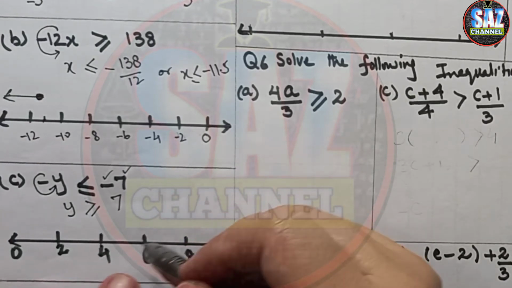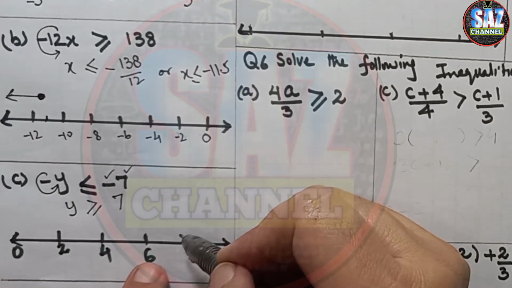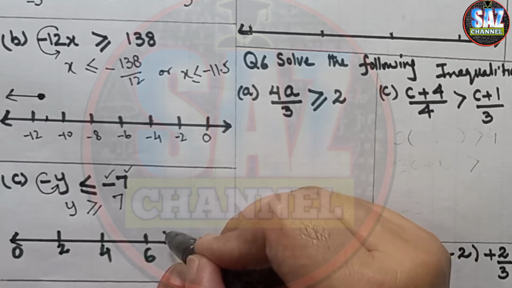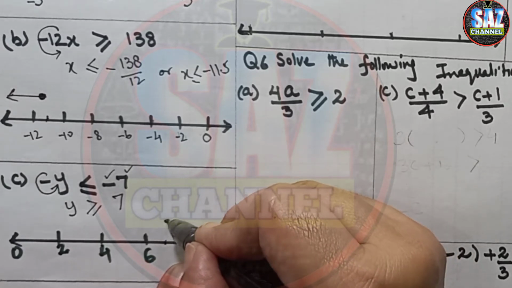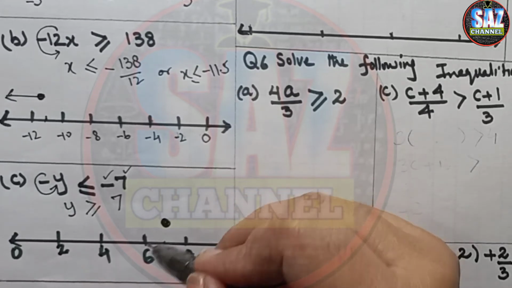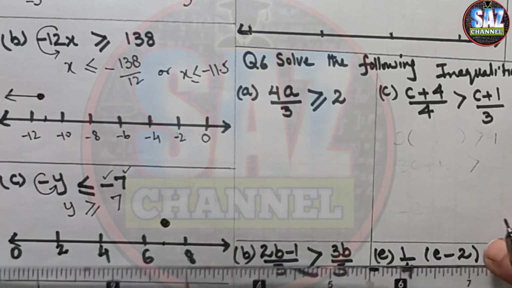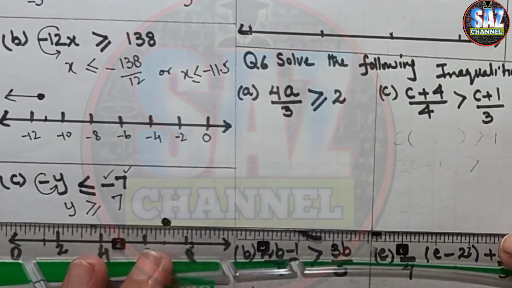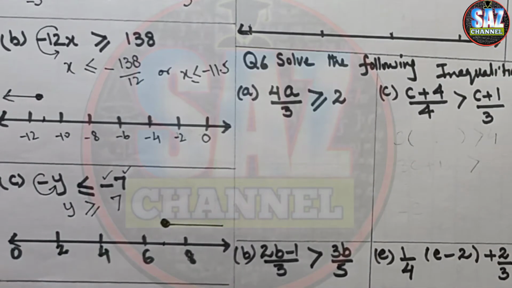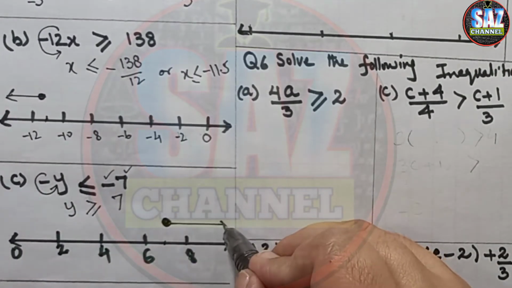So 7 will be right in between 6 and 8. My solution will begin from this point, and I have to mark the filled dot because this is the greater than or equal to situation. And from this point I have to move towards the right of this line. So this will be the solution of this situation on the number line.